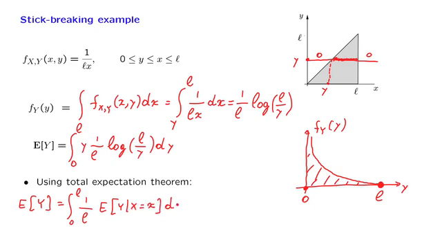And we integrate over all x's. Why is this simpler? When we condition on x, taking a specific value, y has a uniform distribution between 0 and x, and therefore this conditional expectation is the expectation of a uniform, which is 1/2 the range of that uniform. So we obtain the integral from 0 to L, 1 over L times x over 2 dx.